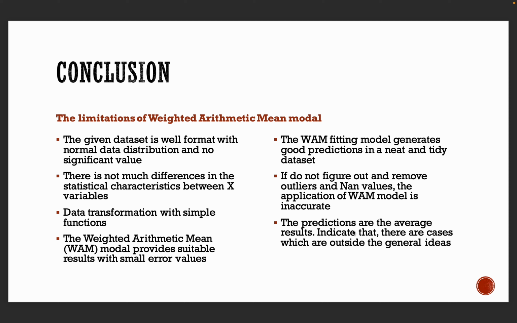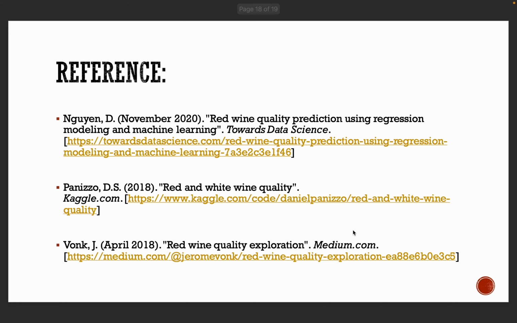However, the predictions are the average results. There can be cases which are outside of the general ideas, and it is the limitation of the weighted arithmetic mean model. Last but not least, the implementation for the unit assignment is referenced from some learning resources.